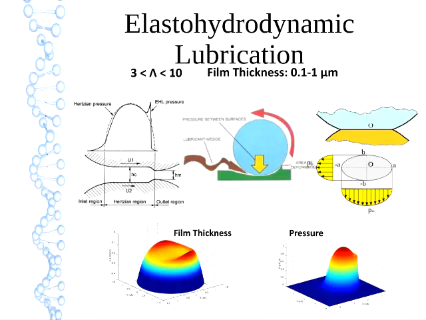You can see that lubricant wedge, the lubricant being drawn into the surface. You can see the rolling of the ball. On the right, you've got the film thickness and pressure profile. The pressure profile looks very similar to a Hertzian contact, except you've got a pressure spike at the end of the contact, and the pressure goes out in front of the contact.